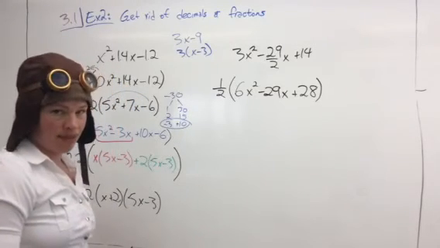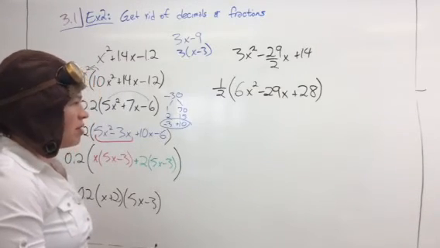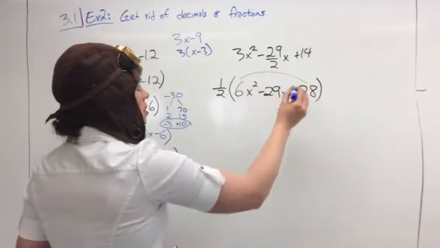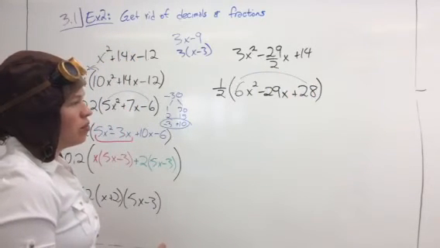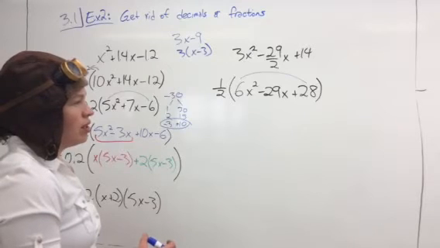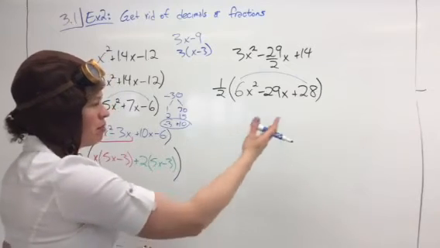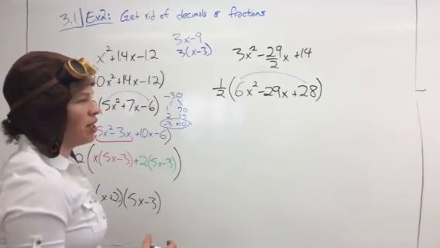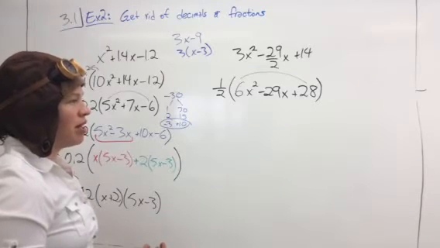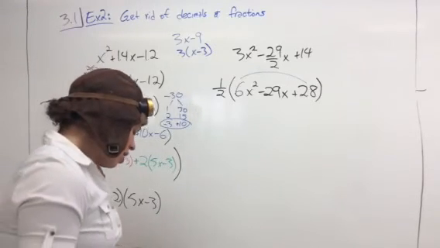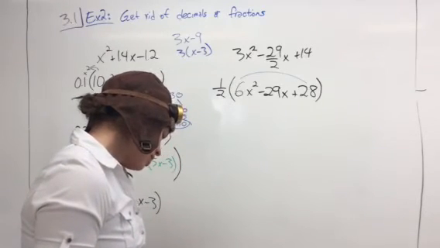This one's going to suck because you have to use decomposition to find what 6 times 28 is, and then figure out, obviously it's going to be 2 negative numbers multiplying to be a positive, so you're going to have to find 2 factors that multiply to that and add to negative 29. I'm going to give you this one because it's just a lot of work.